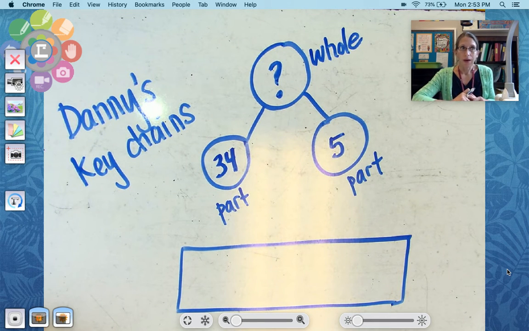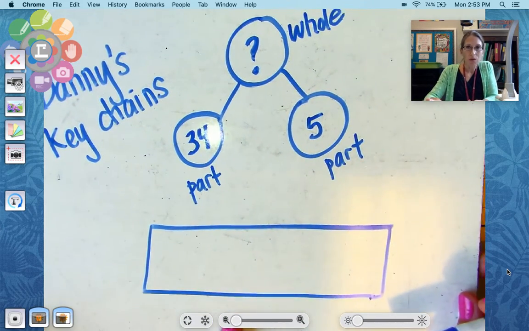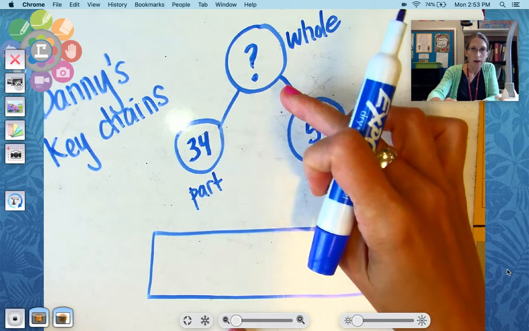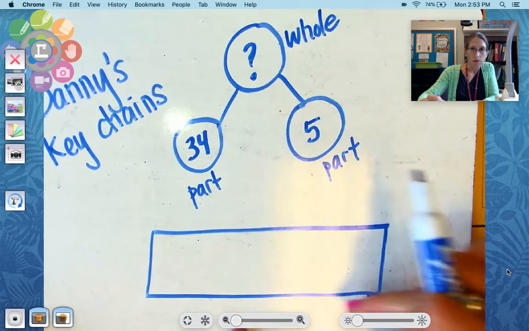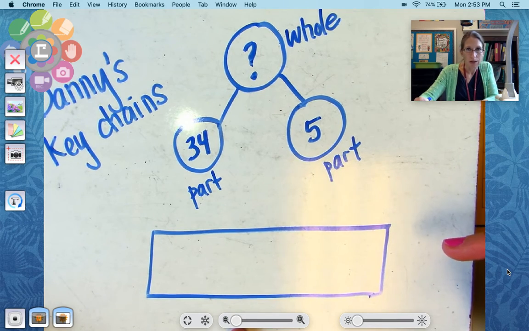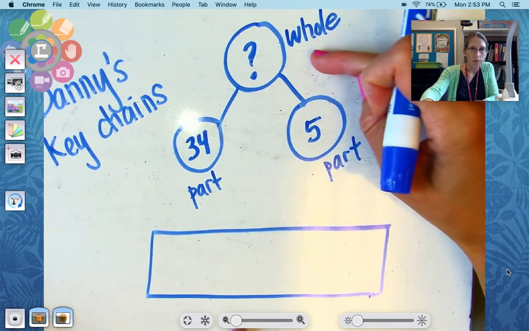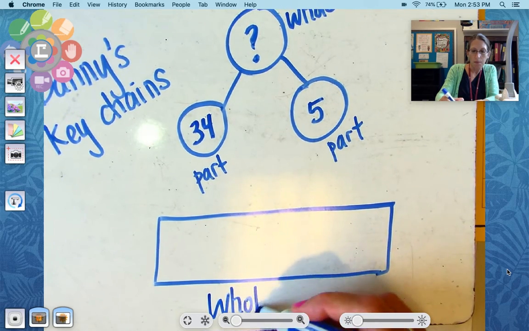Now, if you are thinking, I think I'd like a little bit more of a challenge, Miss Taylor, let me show you what a unit bar would look like. So a unit bar is very similar to a number bond, except instead of using circles, it uses a different shape. It uses a rectangle. And I like to say a unit bar is just a fancy name for a rectangle. And our whole number is actually this whole bar.